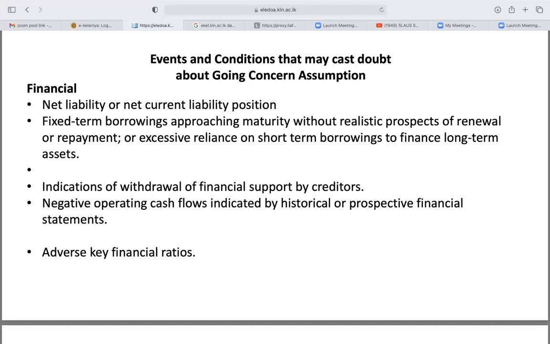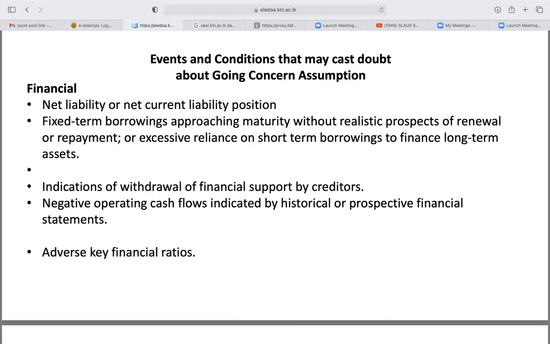Indication of withdrawal of financial support by creditors. So sometimes creditors give some indication of withdrawal of financial support, right?